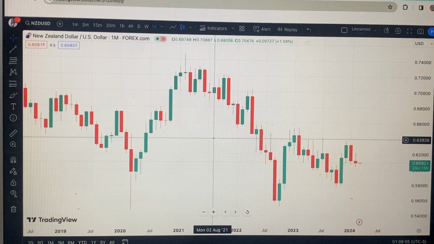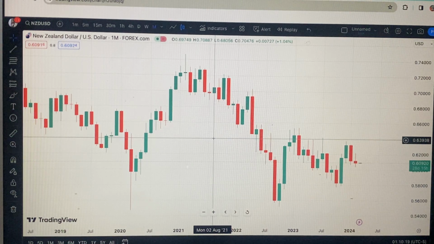Those are the major currencies. We also have the Swiss franc.